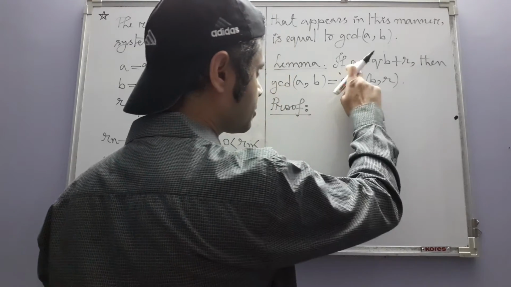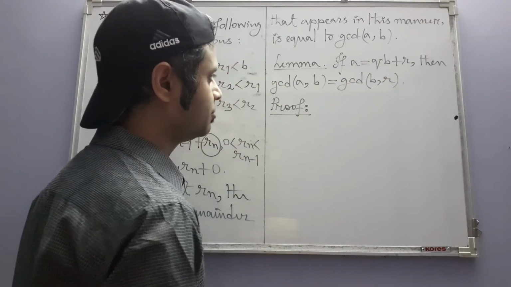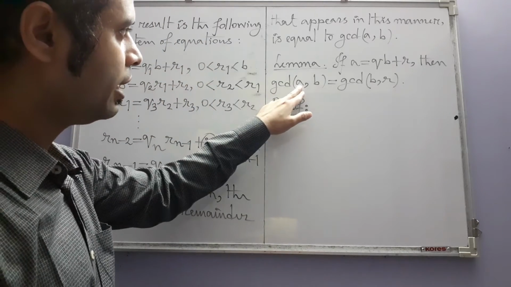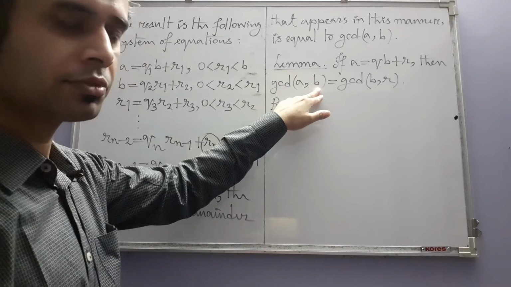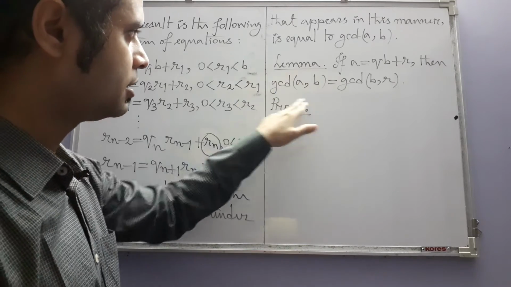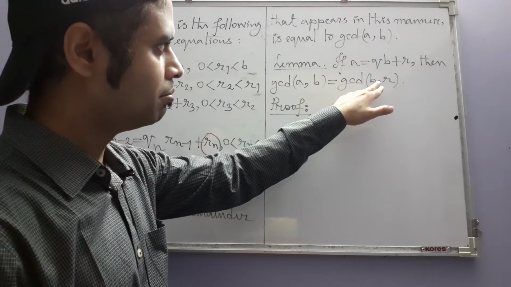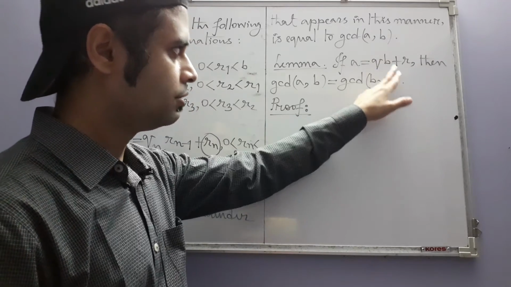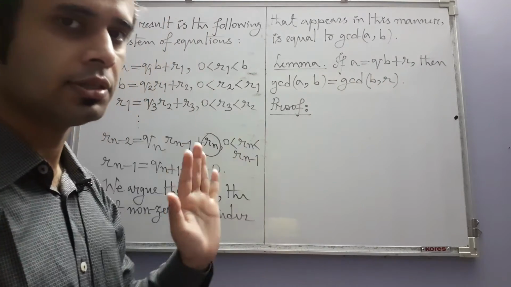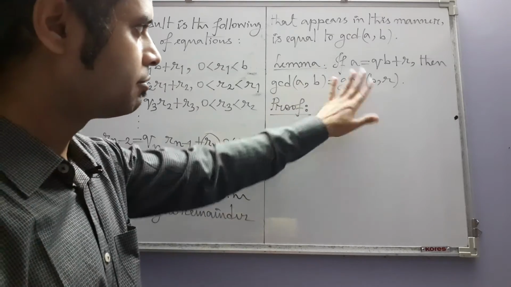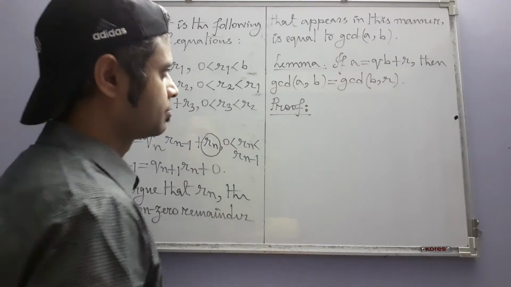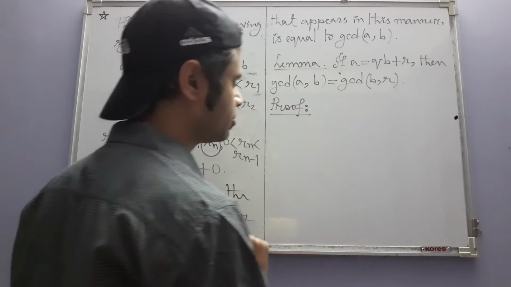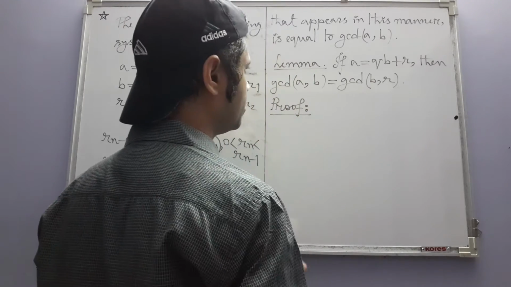So it's enough for us to consider A and B to be positive integers. Since A and B are both positive, the GCD exists. But here B is positive, so even if R is 0, this second GCD also exists. Okay, so this equation makes sense. I mean, one can ask whether this equation is true or not. Now we are going to show that this is true.